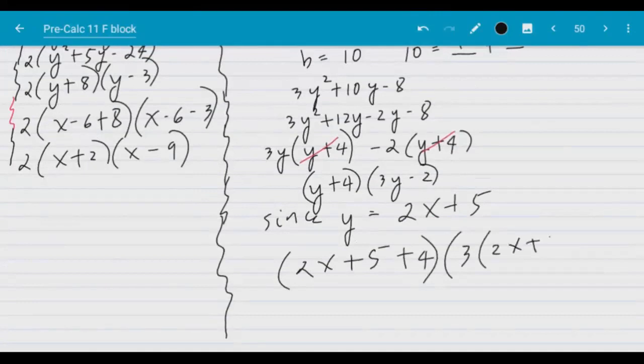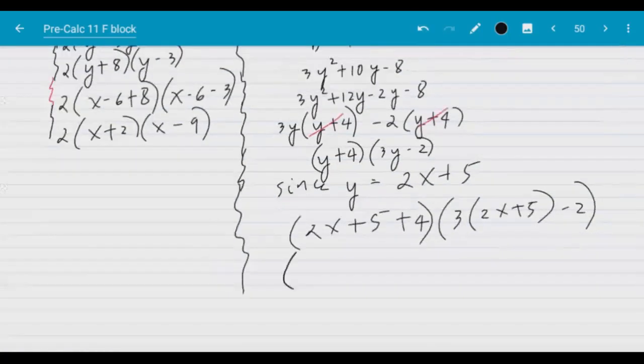Now, guys, notice that I put another bracket after the 3. Because if you don't, you might make the mistake of just multiplying the 3 by the 2x and not the positive 5. Remember, that 3 is multiplied by the y, so that 3 must be multiplied to this whole thing, and then minus 2 at the end.